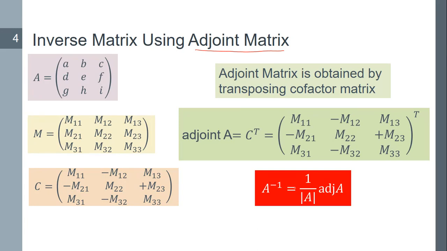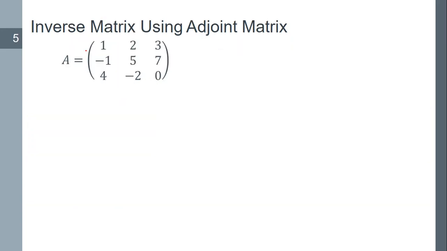A inverse is 1 over the determinant times the adjoint of A. So this is your inverse matrix. Actually, the hard work of finding the inverse matrix using the adjoint is finding your minor matrix.